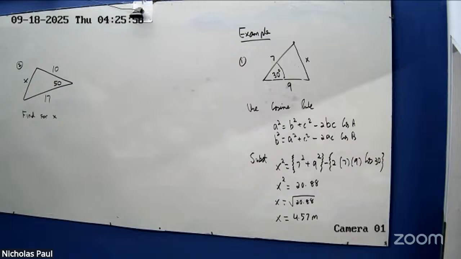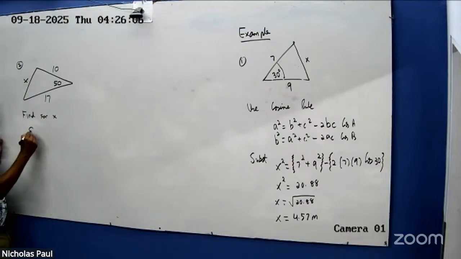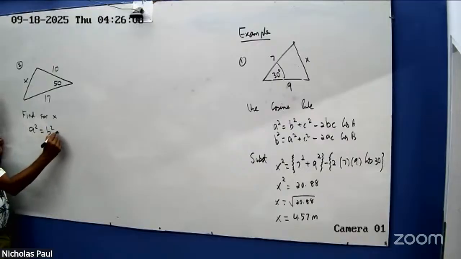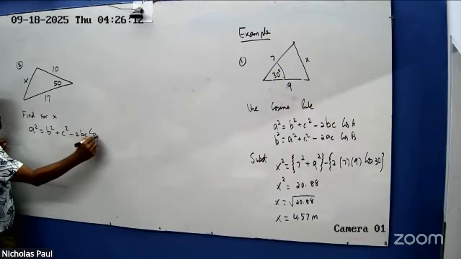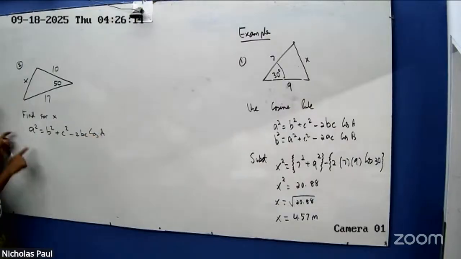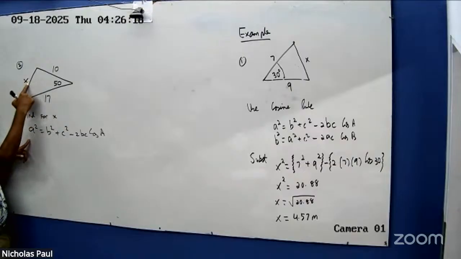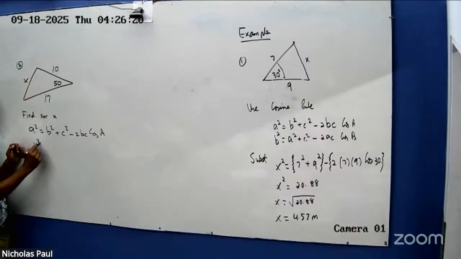Right, some of you are struggling because you have to calculate that as well, yeah? So what do you see? Again, I write in the formula, a squared is equal to b squared plus c squared minus 2bc cosine A. A is what? What they're trying to find, right? B is what?